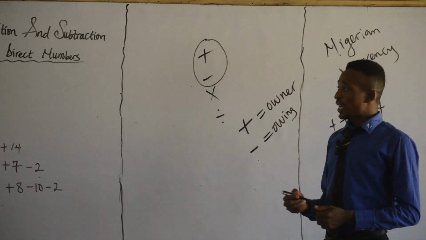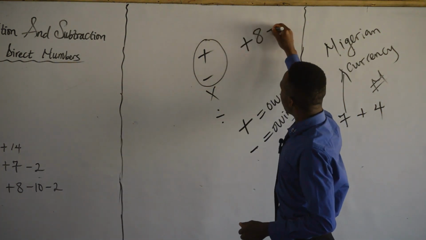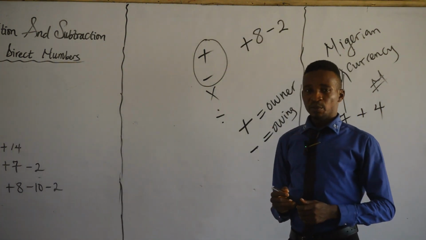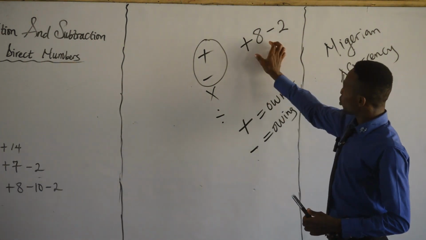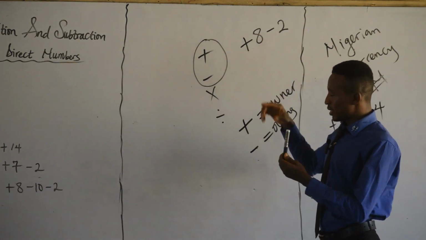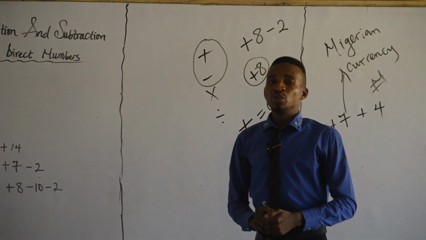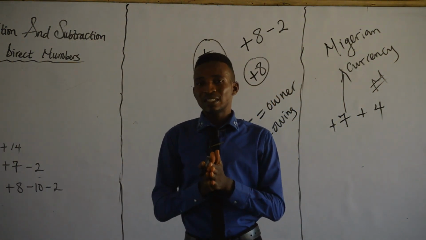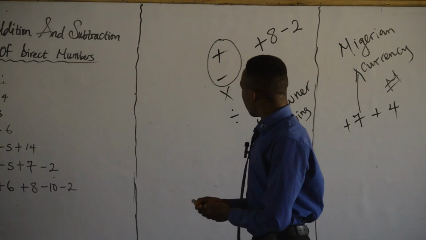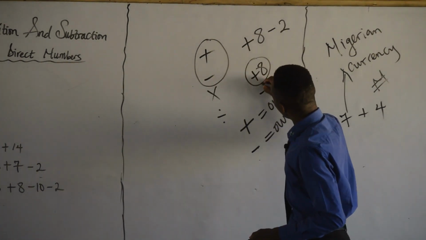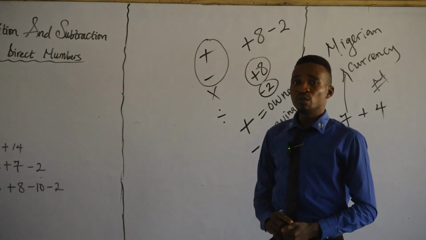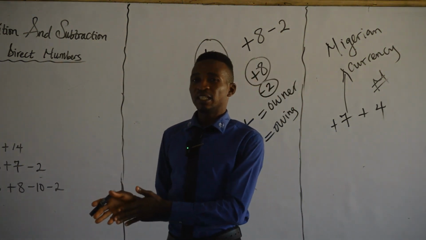So if I have plus 8 minus 2, the simple interpretation is this. Take the first one here, which is plus 8. According to what I explained, plus 8 means you are having 8 Naira with you. That means 8 Naira is your money. Now, minus 2. How do you interpret minus 2? Minus 2 means you are owing somebody 2 Naira.